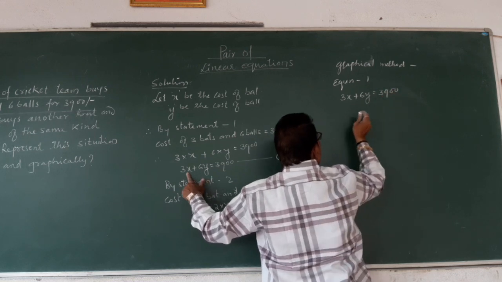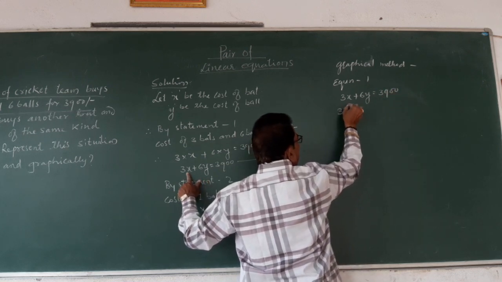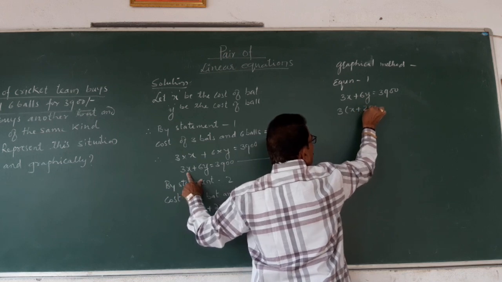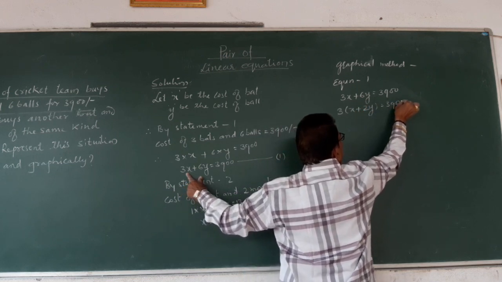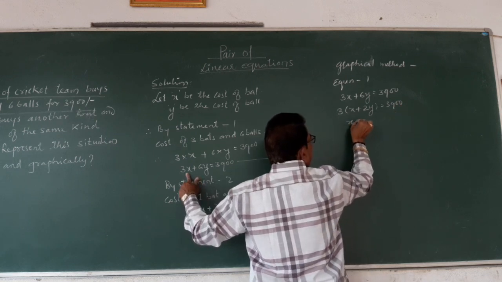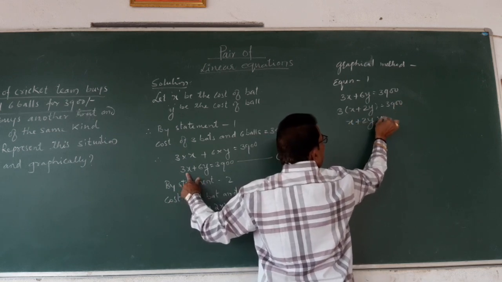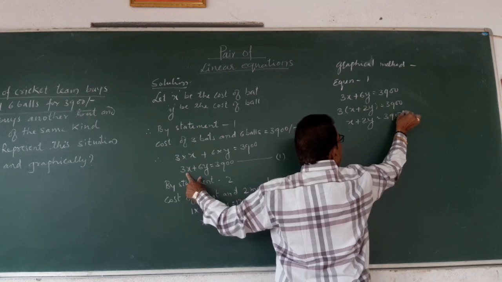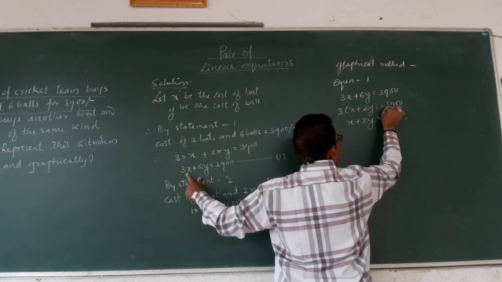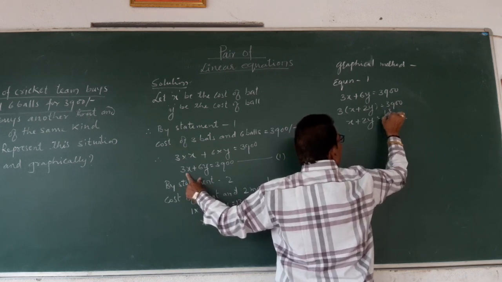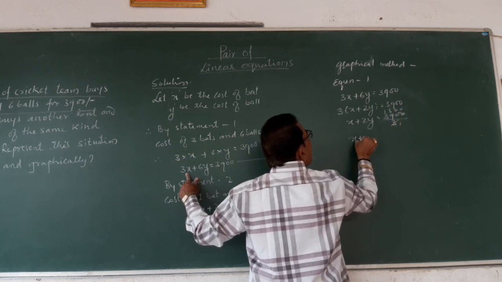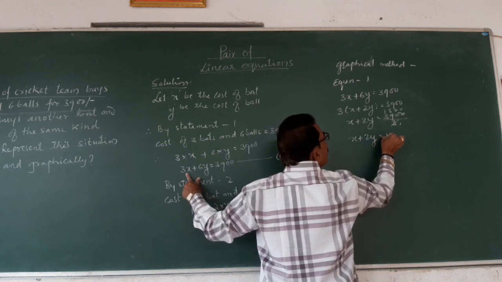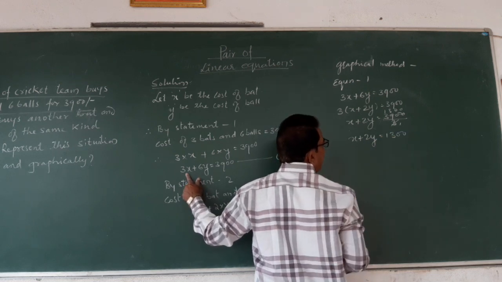Let us simplify this. 3 in the bracket x plus 2y equals 3,900, so x plus 2y equals 3,900 divided by 3, which is 1,300.